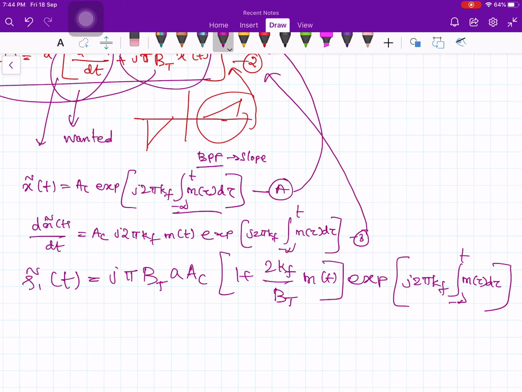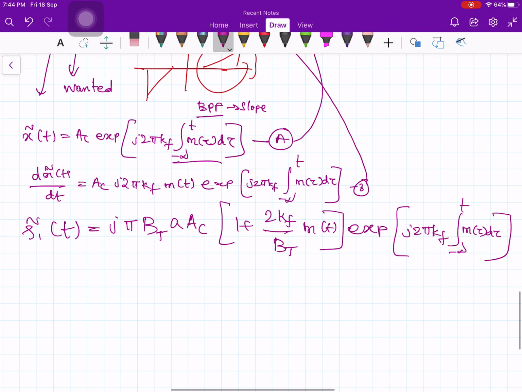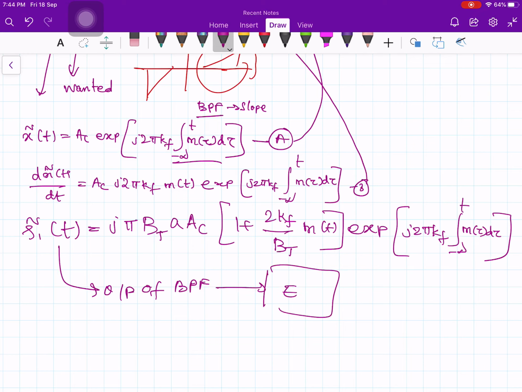Okay, and you are looking at the output of the envelope. How is the real envelope related to the complex envelope? Just take the magnitude of this. This is the output of my bandpass filter. The bandpass filter is given to the envelope detector. Envelope detector will give you the magnitude, right? So the real envelope will be obtained by taking the magnitude of this.